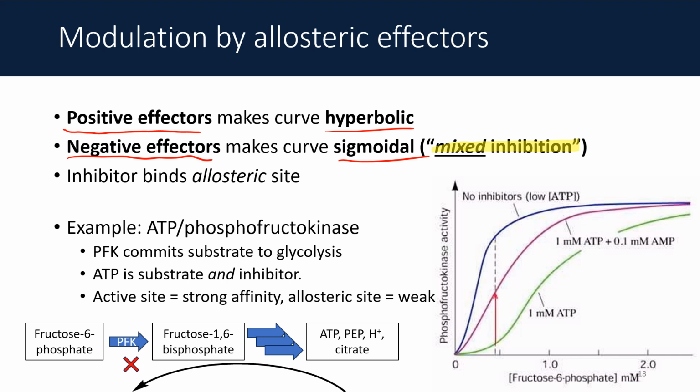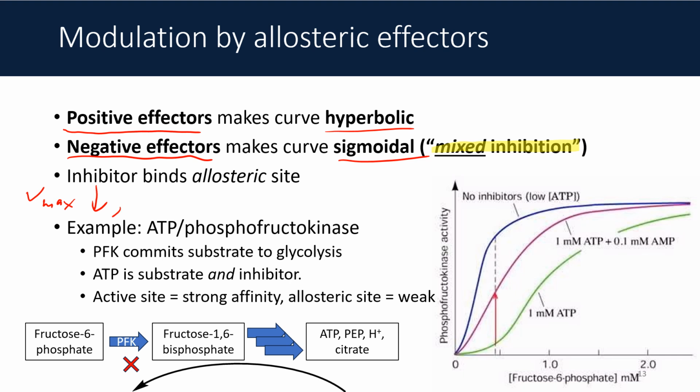So you might be thinking, well, isn't that the same thing as non-competitive inhibition? And not quite, it turns out. Non-competitive inhibitors only reduce Vmax, and mixed inhibitors can reduce Vmax, often more dramatically, though, the mixed inhibitor messes up the binding site indirectly through this conformational change.